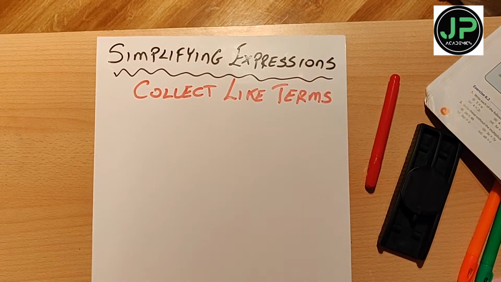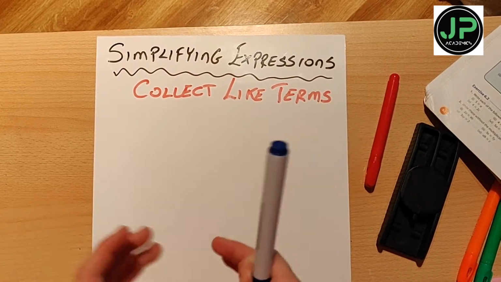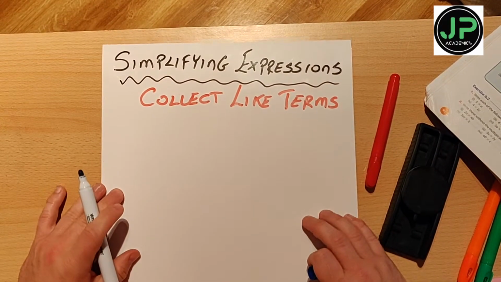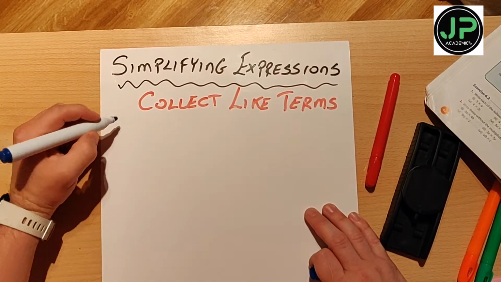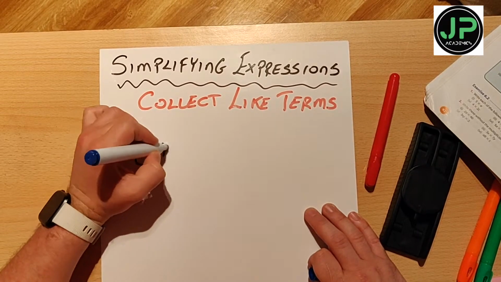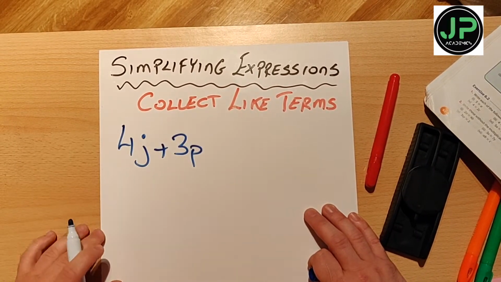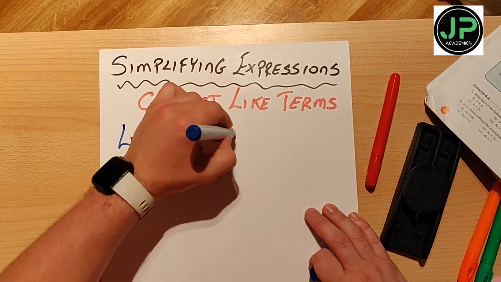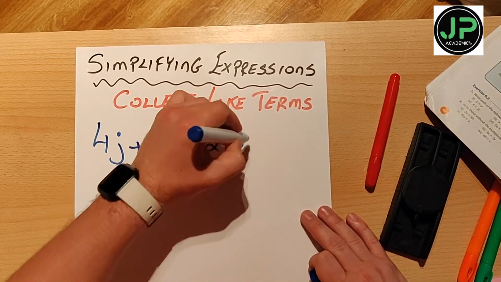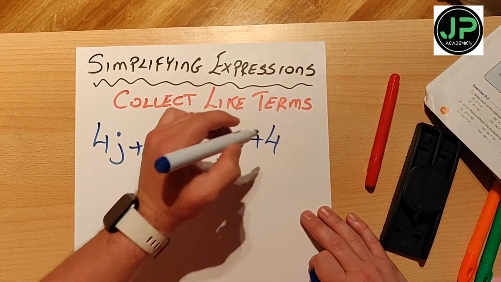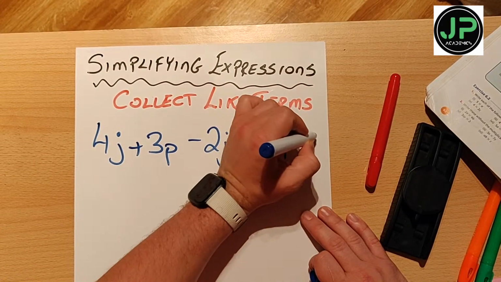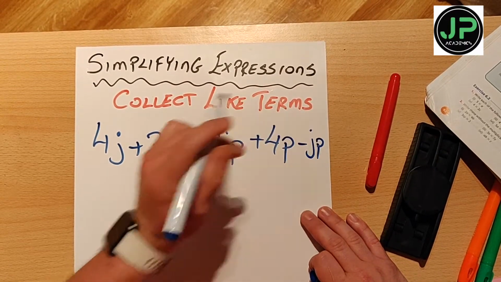Now, one final example. What happens if you have variables or letters that are very similar but they're not actually the same? Okay, so if we use, we'll say 4j plus 3p minus 2jp plus 4p minus jp.